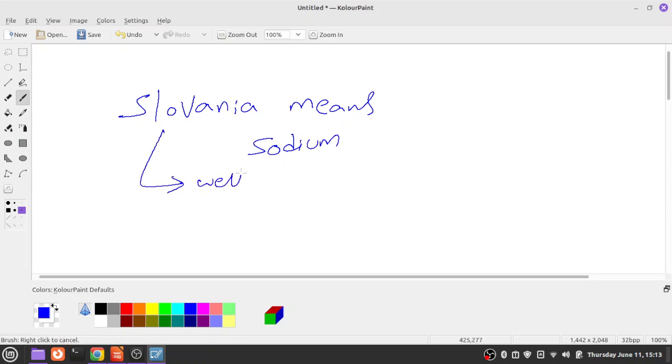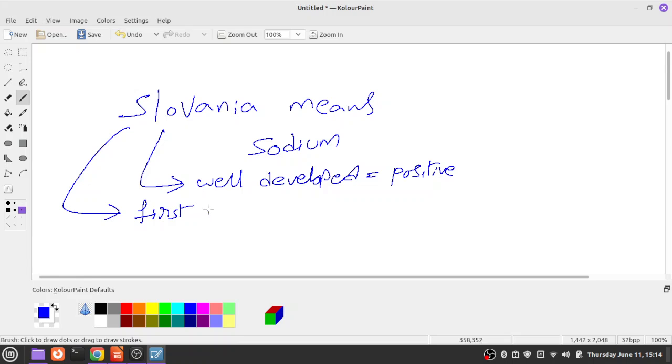Well developed means positive. First country separated from Yugoslavia.